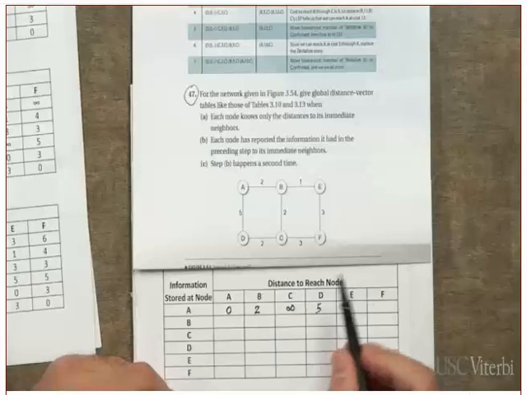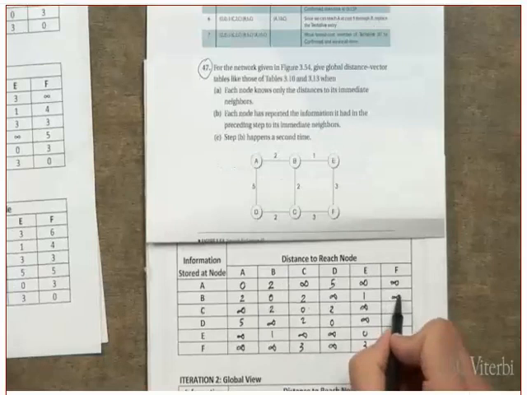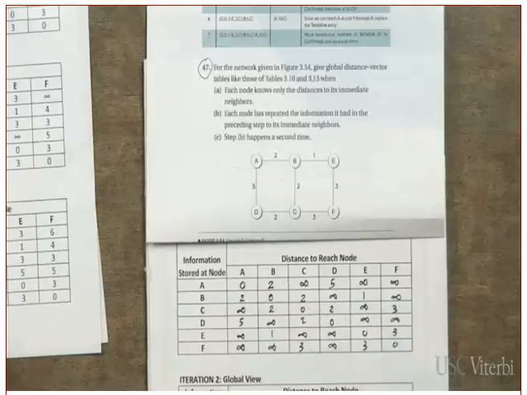And then F, 3. Okay, D to A. D to A is, we don't have 6 over here. We can't go. 5. D to B is 4. D to C. D to E, infinity, right? And D to F, it's 5. Okay, E to A, 3.